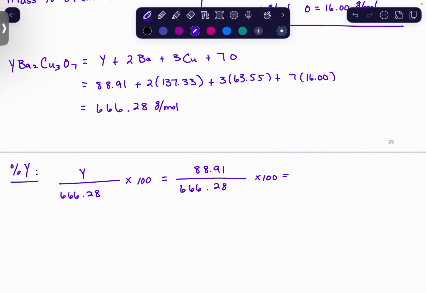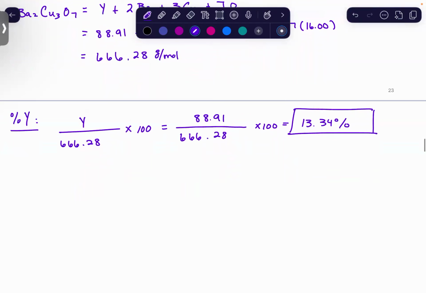This is going to give you 13.34% yttrium. Let's see, we'll do barium next. We're just going to go down left to right.